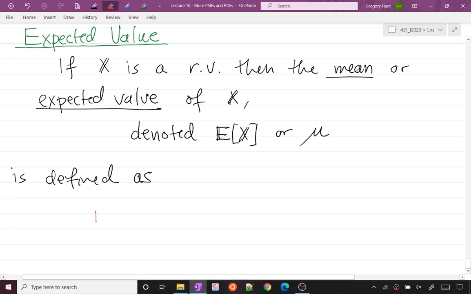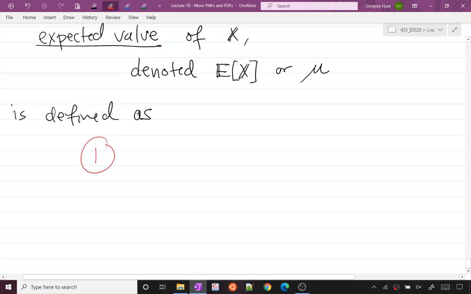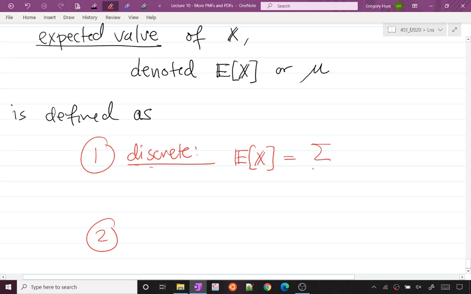I haven't talked about whether or not this random variable is discrete or continuous yet. So we're going to have two cases. You'll see this a lot in this course where we have two cases for discrete and continuous. If we have a discrete random variable, then E of X, that is our expected value of this random variable, is defined as the sum of x times f of x over all the real line, or alternatively over all the support.